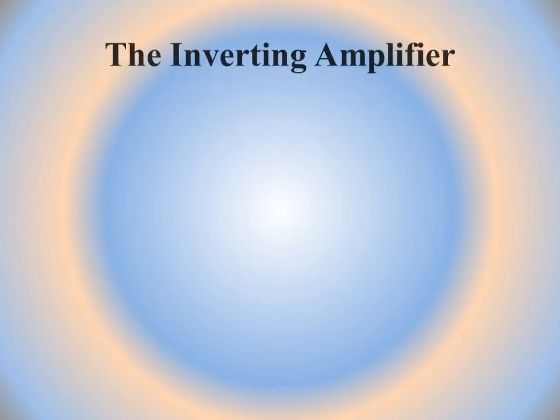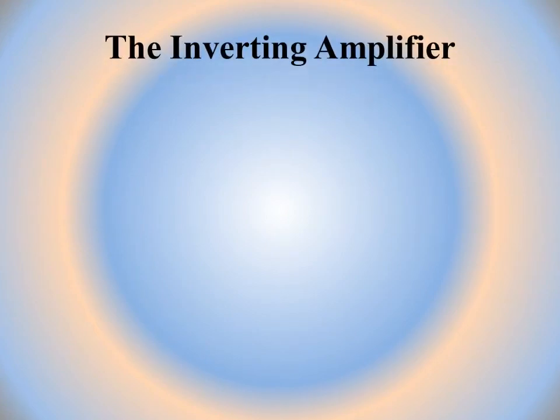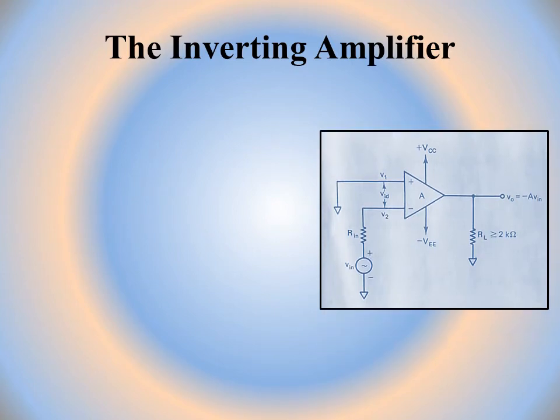Now next is the inverting amplifier. So this is the basic diagram of an inverting amplifier. If you can see from the diagram, again there are two voltage supplies, and output is taken from here. Out of the two inputs, V1 is grounded, and to the minus end V2 we have connected an input signal.